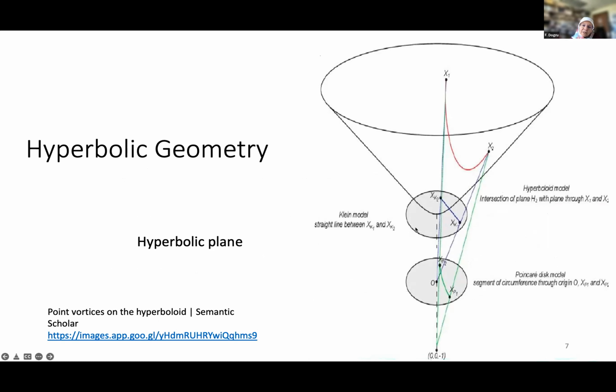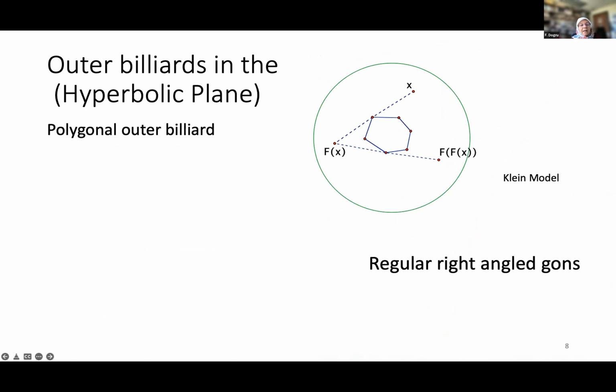You will see lots of pictures in the Klein model, but angles are distorted. On the Poincaré model, the angles are fine, but lengths and distances are distorted, and geodesics are arcs, not straight lines. It's pretty difficult to draw by hand. But anyway, I use both of them whenever it's easy to use.